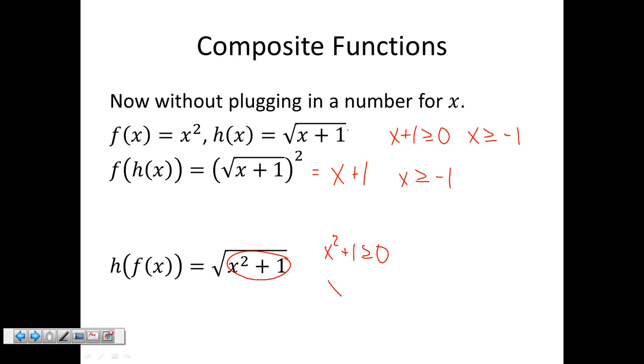And I say that x squared plus 1 has to be greater than or equal to 0. Well, this isn't a problem. X squared is always greater than or equal to negative 1. So not a problem here. This doesn't limit our domain, but because one of the pieces that we made it from had this limitation, this too, x has to be greater than or equal to negative 1.